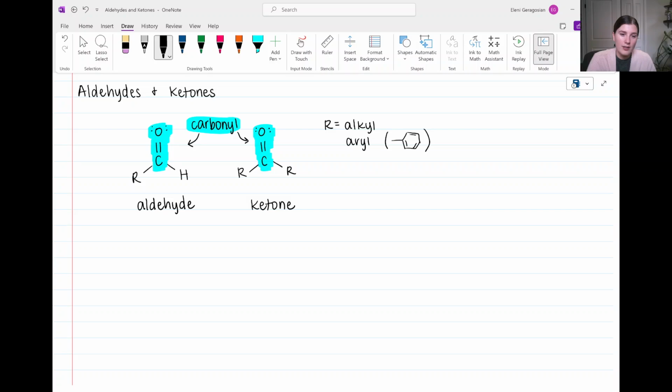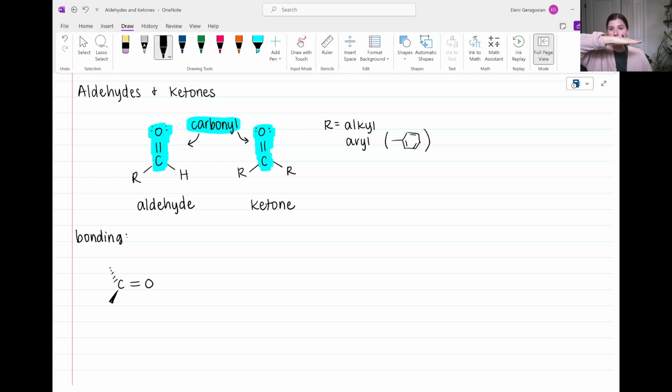And let's look a little bit more in detail at the bonding between the carbon and oxygen here. I'm going to draw the carbon to oxygen bond at a different angle, where one of the single bonds is going away from us and one is coming towards us.